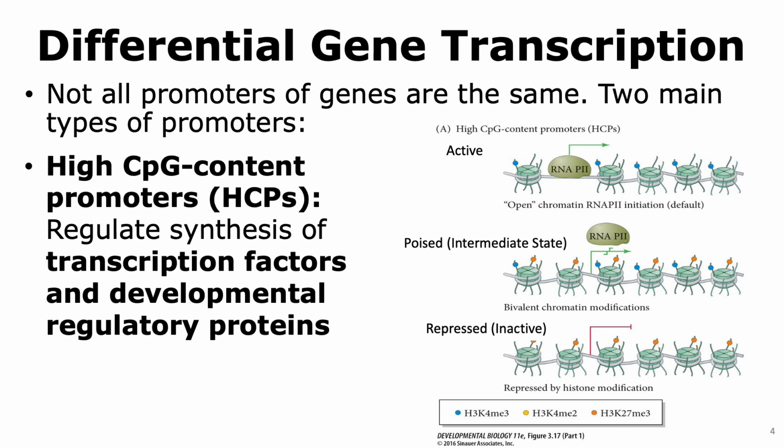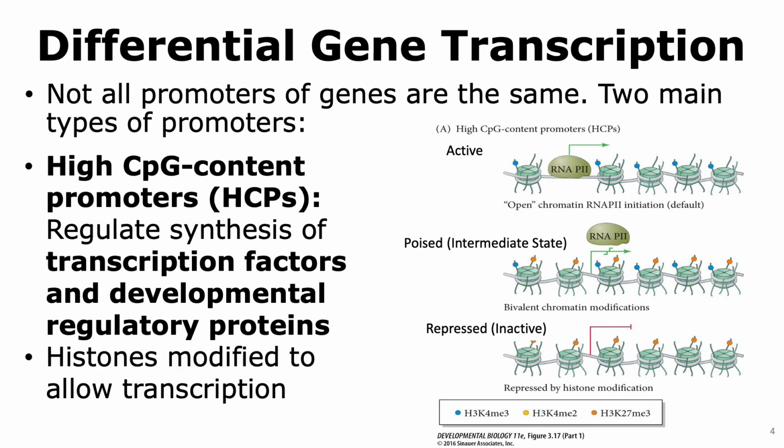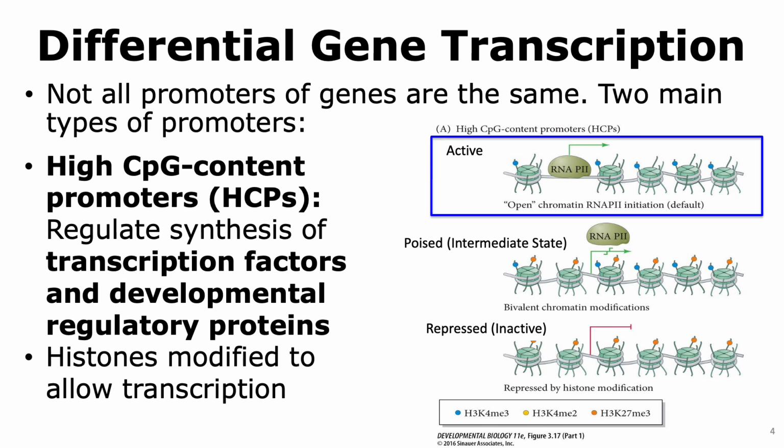They are known to regulate the synthesis of transcription factors and developmental regulatory proteins. In the case of the high CpG content promoters, the histones are usually modified to allow transcription to happen. Thus, in the default state, these genes are usually transcribed, so the promoters are normally accessible to the transcriptional machinery, and hence the genes can be transcribed.